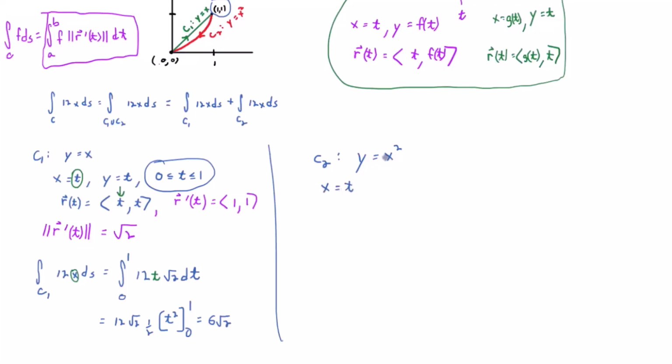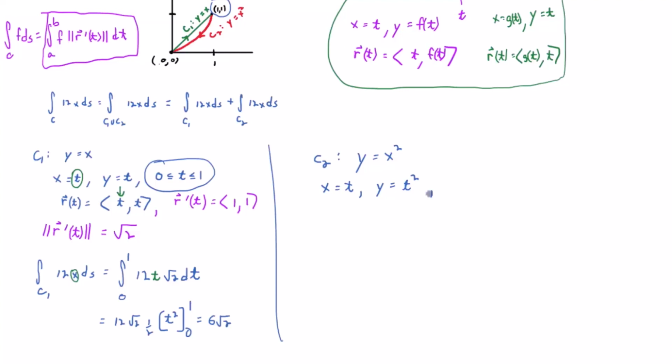Yeah, the input's x, y equals x squared can be thought of as y as a function of x. So x equals the input t, and y is equal to whatever the formula tells you to do, square it. And now, that's one parameterization, and this is actually going to be the parameterization that goes from 0, 0 to 1, 1, not from 1, 1 to 0, 0.